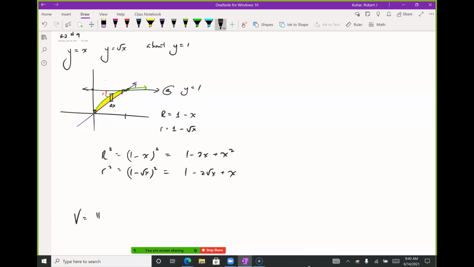So the volume is pi times the integral from 0 to 1 of the larger radius squared minus the smaller radius squared with respect to x. How are we doing?